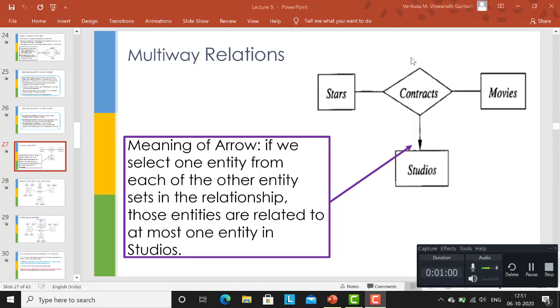And of course, all these three will have a foreign key constraint, and the primary key for this contracts table would be stars and movies itself, because given a pair of stars entity and a movies entity, I can uniquely identify studios. So your primary key need not include studios also, right?